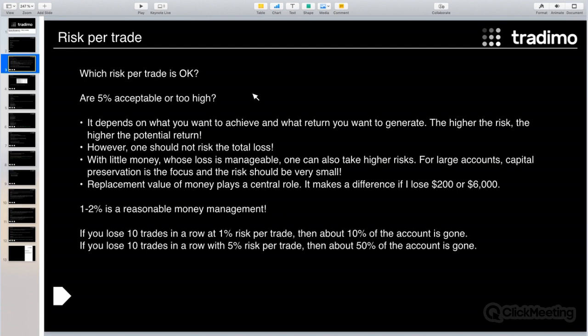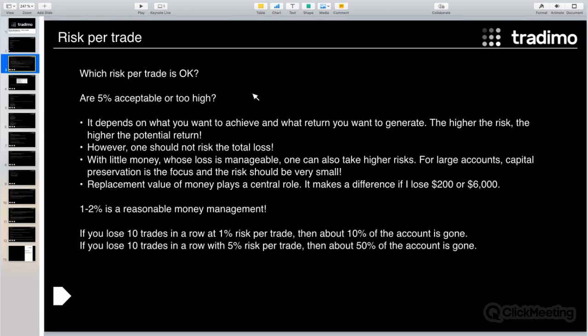One should not risk the total loss. And this is pretty easy. If you take too high risk, let's say 10% per trade is way too much. And the probability of total loss is very high if you risk 10% on each trade you make.